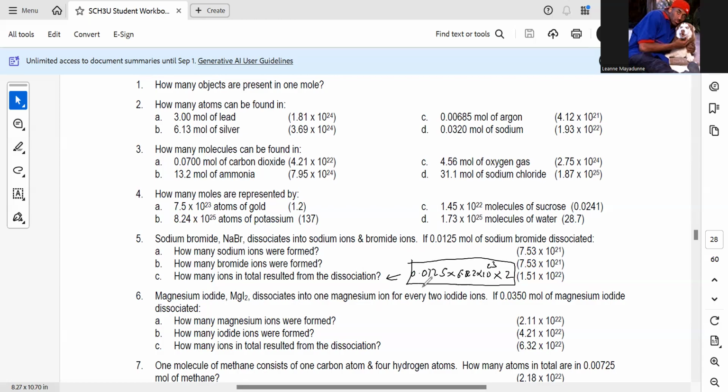Why? Because this is the moles, this is the Avogadro's number, and each molecule of NaBr has total 2 ions. Here I would have expected 0.125 multiplied by 6.022 into 10 raised to 23 multiplied by 1.